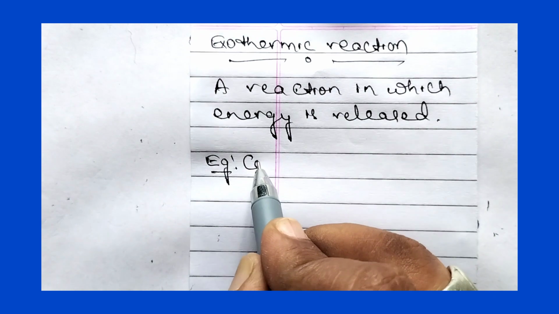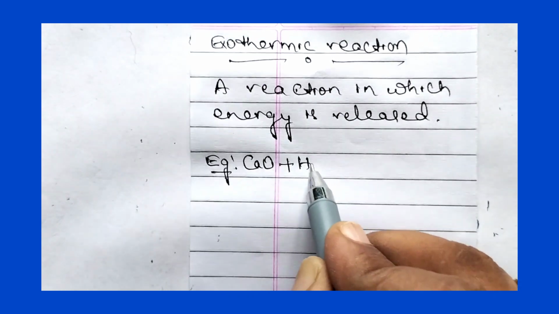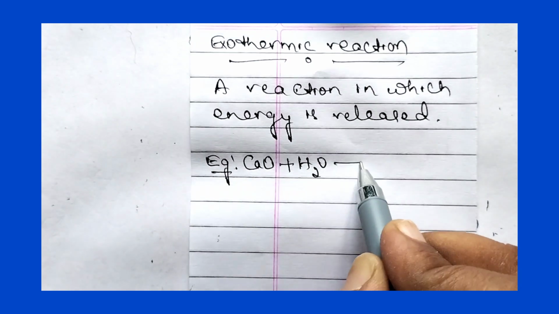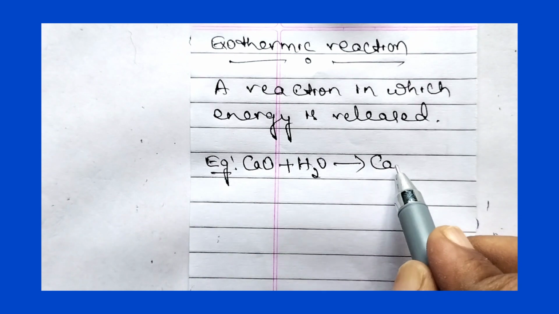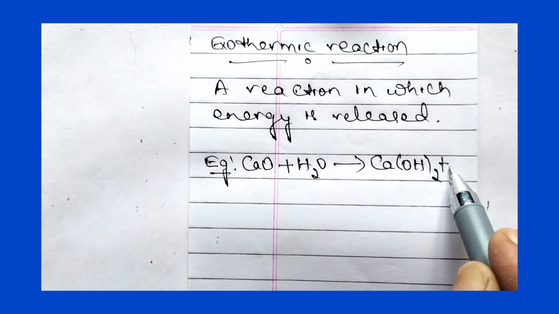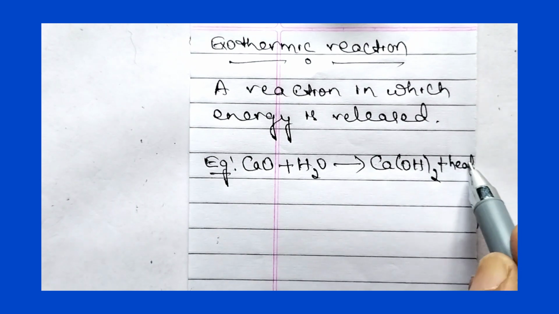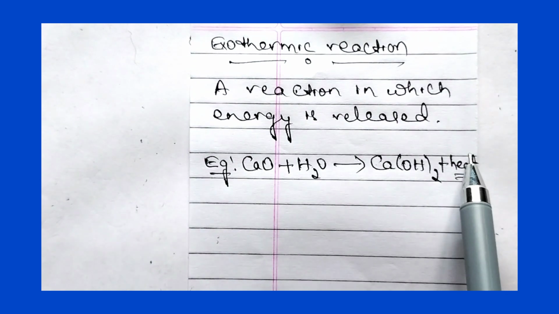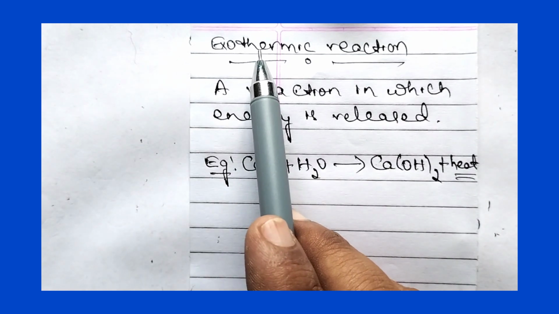So when calcium oxide, that is quicklime, is put into water, quicklime reacts with water to form slaked lime, that is Ca(OH)2, calcium hydroxide, and it releases heat. Since the heat is released, this reaction is called exothermic reaction.